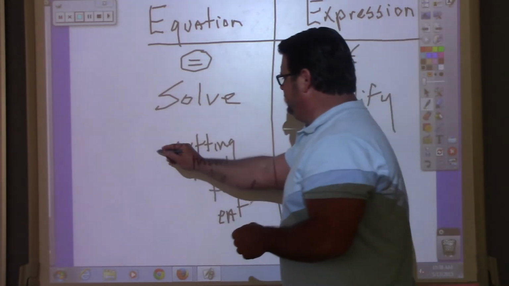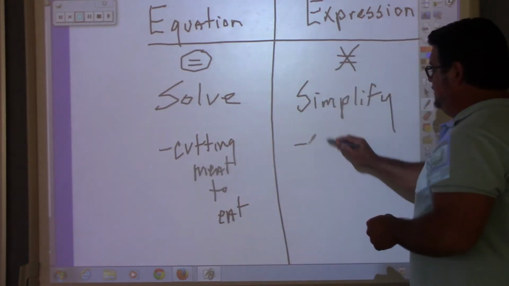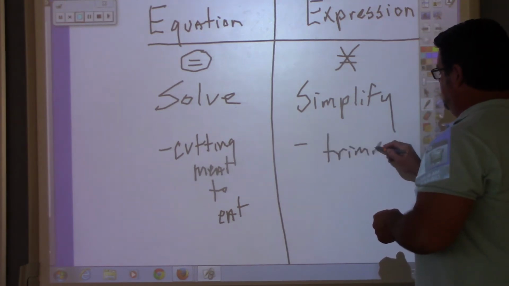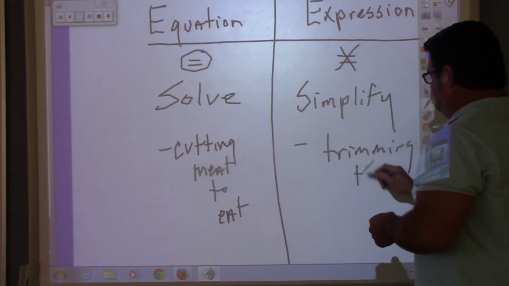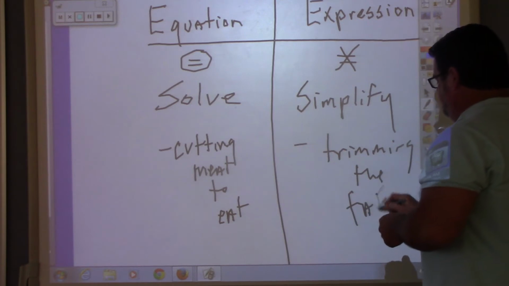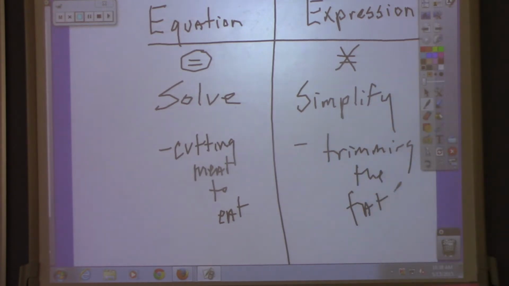What are you doing over here? Trimming it. Trimming fat before you cook it. So you're trying to get rid of all the extra stuff that you don't need. Think of it as you're going on a diet and you order a meal and you cut all the stuff that you can't eat.